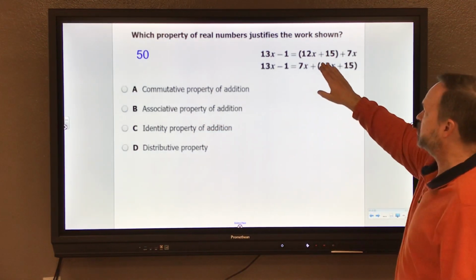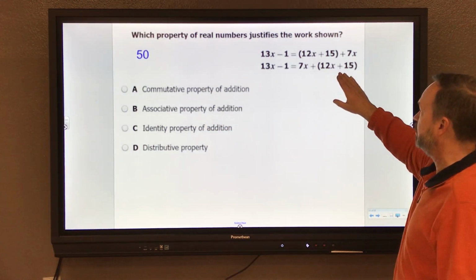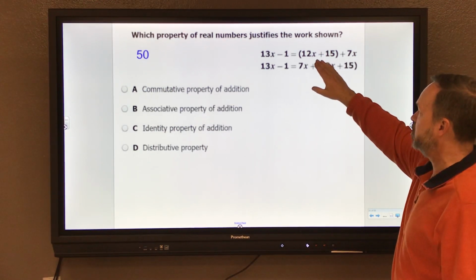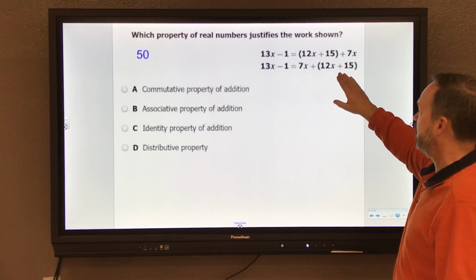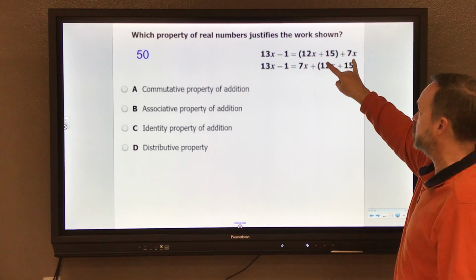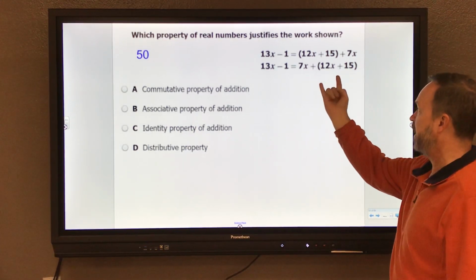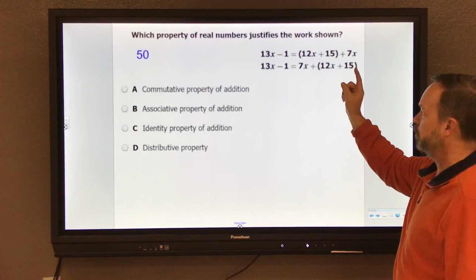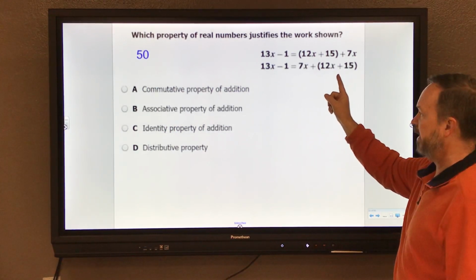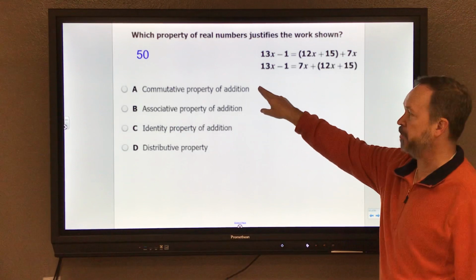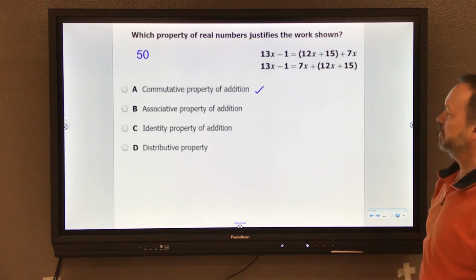But look, the association did not change. The 12x is still associated with the 15. It did not change. What changed was the order of the 12x plus 15 into 7. That's what changed. So they moved. That's the commutative property. Careful with those.